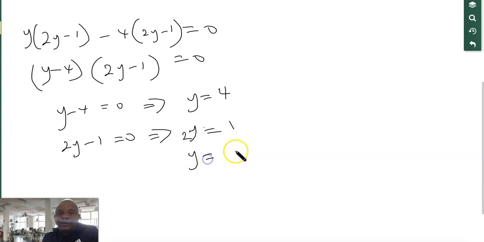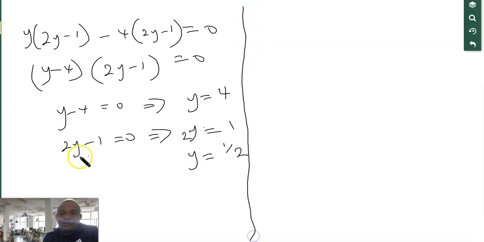Therefore y is equal to 1 over 2. So our values for y are 4 or 1 over 2.